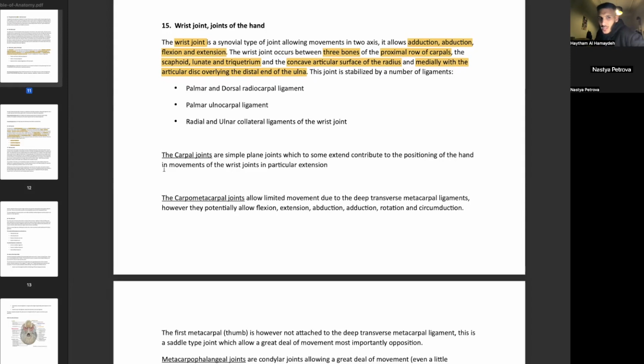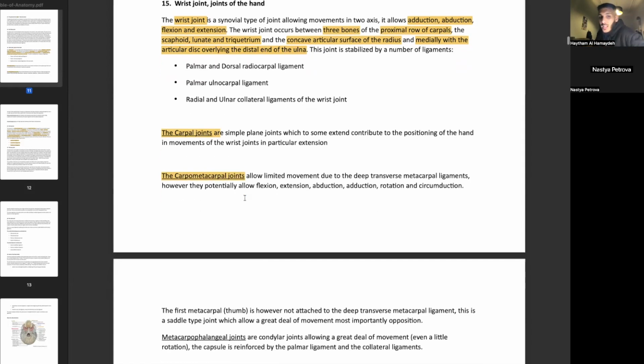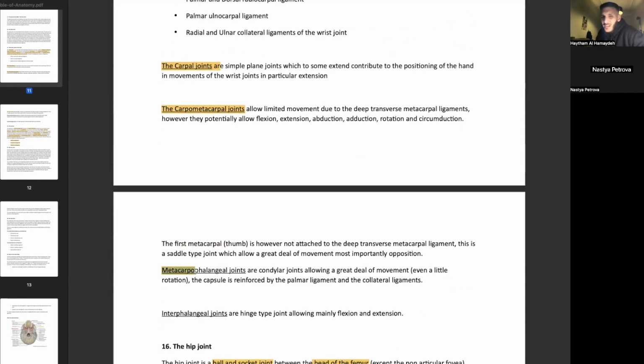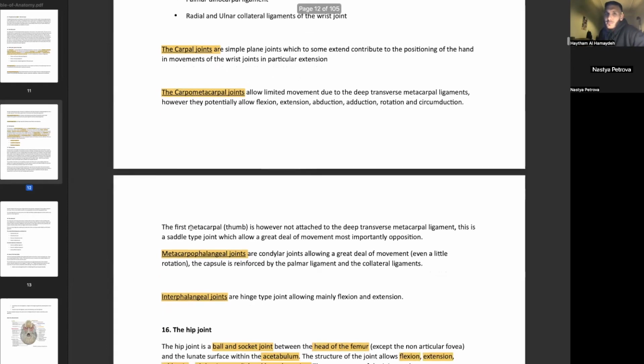So you have the carpal joints, the carpometacarpal joints, then the first metacarpal thumb joint, which is unique. But let's go first here: the metacarpophalangeal joints and interphalangeal joints. Do you get it?